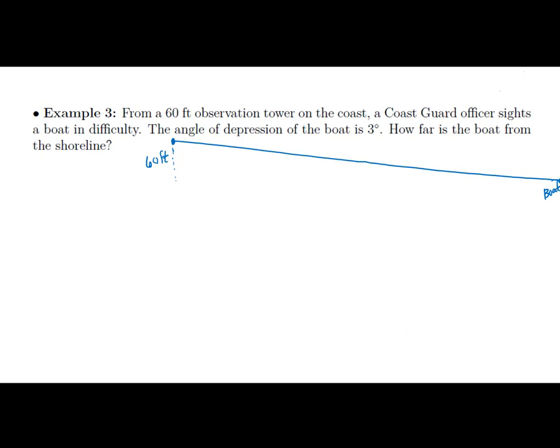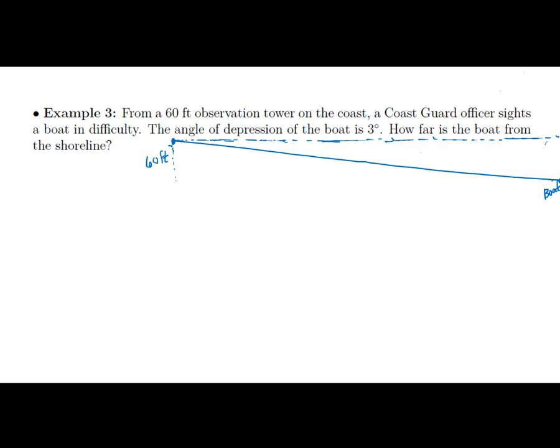And that's right there. All right, so when we talk about angle of depression, what we mean is, if I'm the Coast Guard officer and I look straight out, just staring straight ahead out onto the horizon, excuse me for all that mess there, trying to use a straight edge.